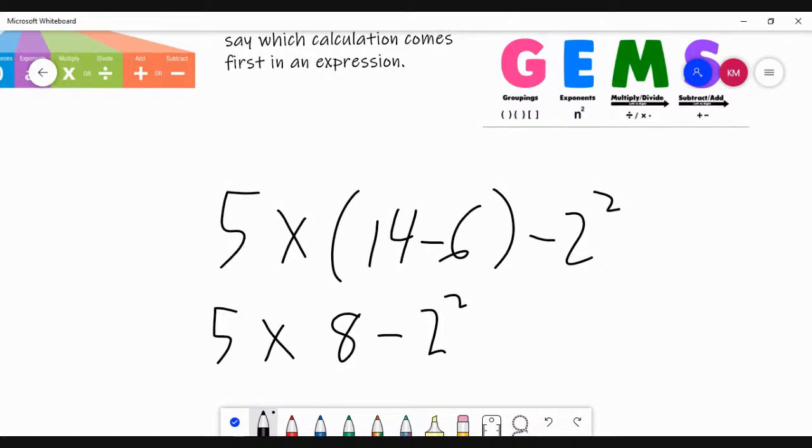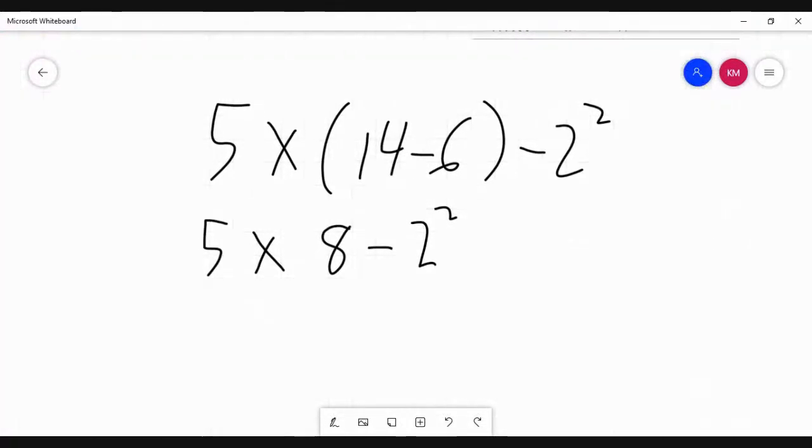Now, after we have done our parentheses, we must now follow the order of operations outside of the parentheses, which is exponents, multiplication or division, adding or subtracting. So now, first up, do we have any exponents? Yes, we do. 5 times 8 minus 2 to the second power.